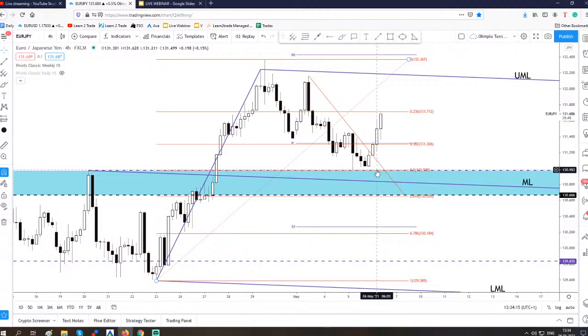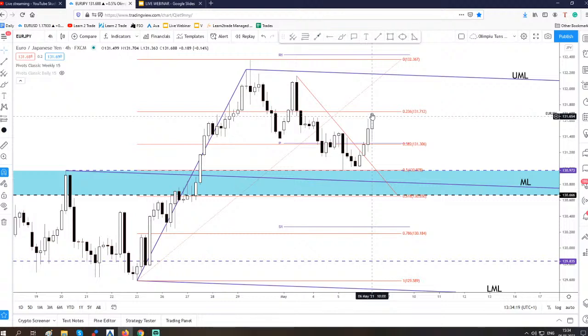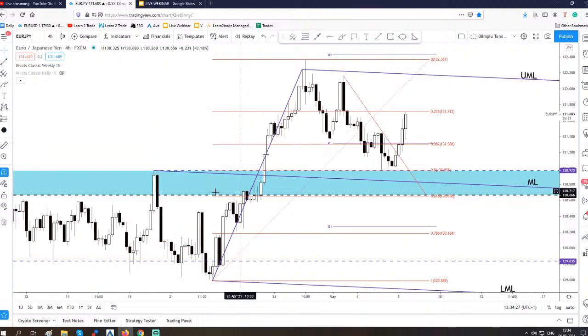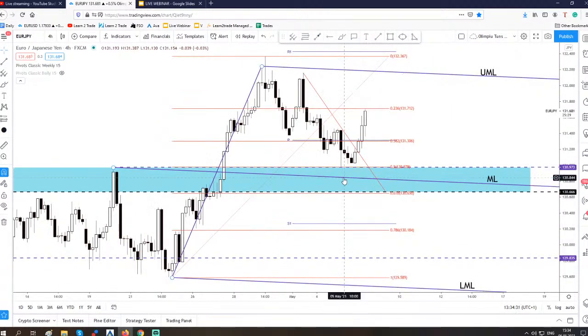Okay, so here, if the price will jump and stabilize above this level, then it could continue higher, maybe towards the upper medium line. So technically, when we have a descending pitchfork like this one here, when the price fails to reach the medium line of this descending pitchfork, then it could come back higher towards the upper medium line.